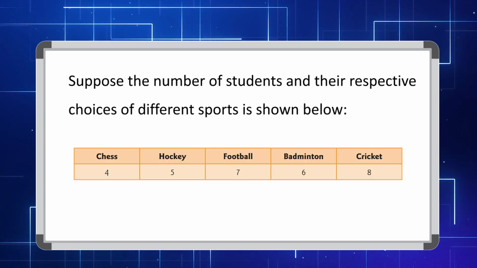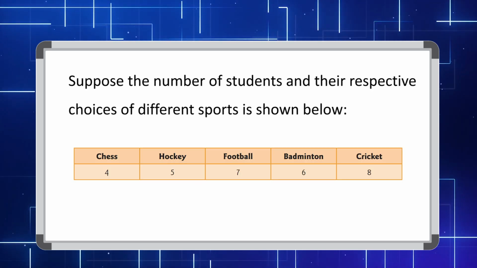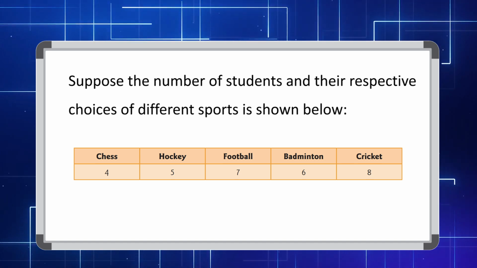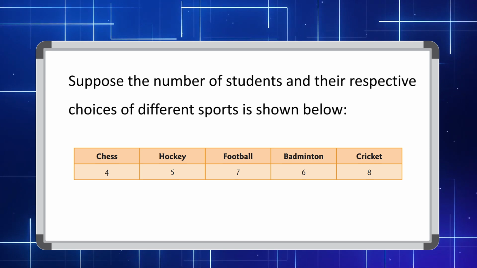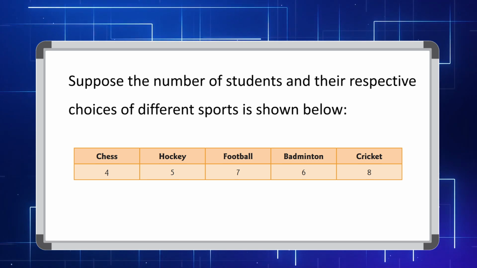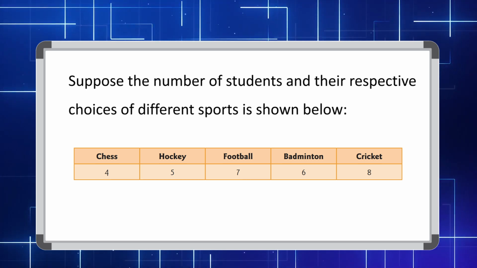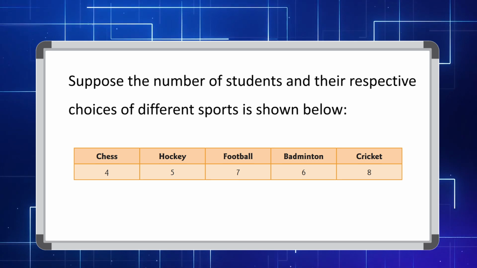Suppose the number of students and their respective choices of different sports is shown below. Chess 4, hockey 5, football 7, badminton 6, cricket 8.